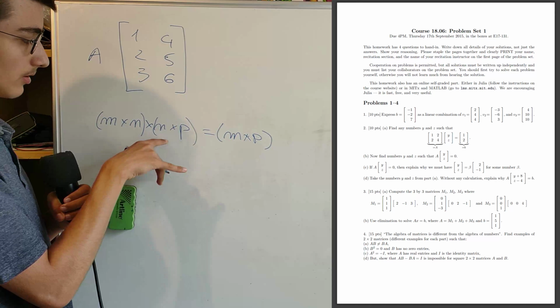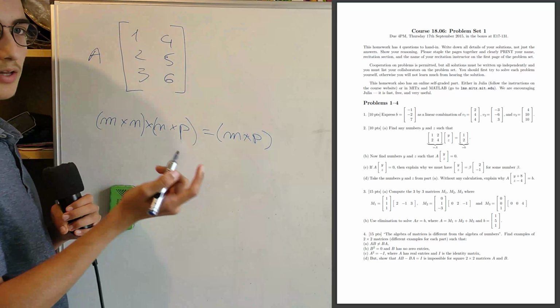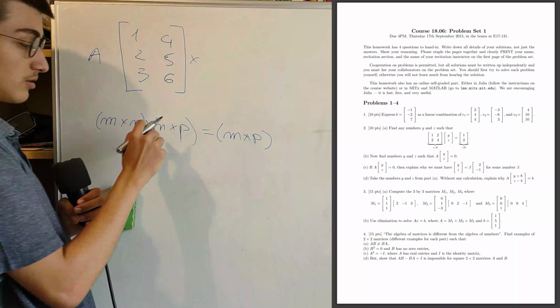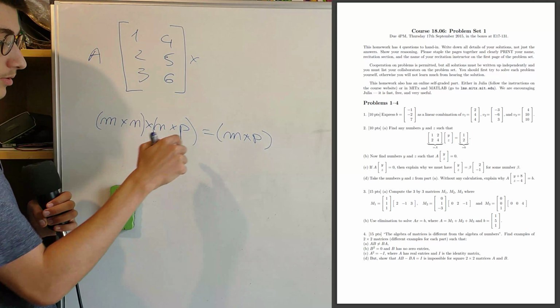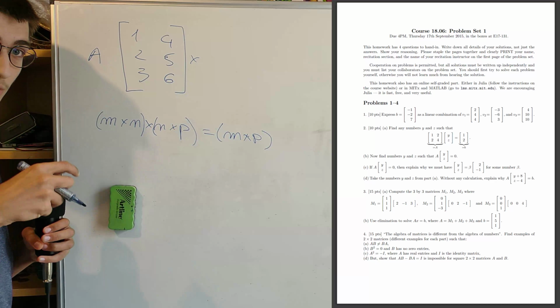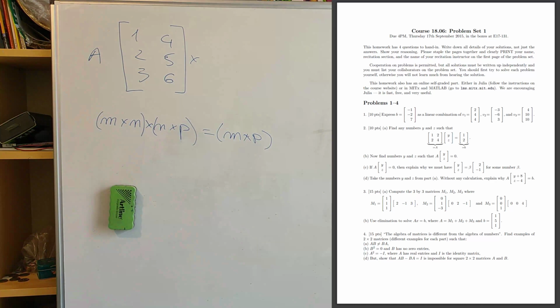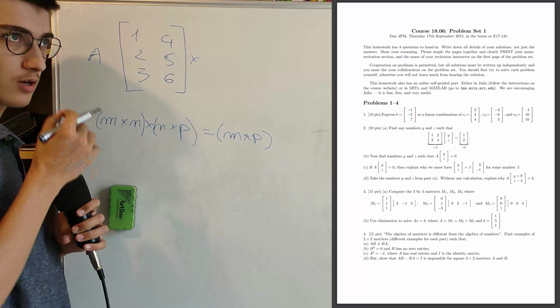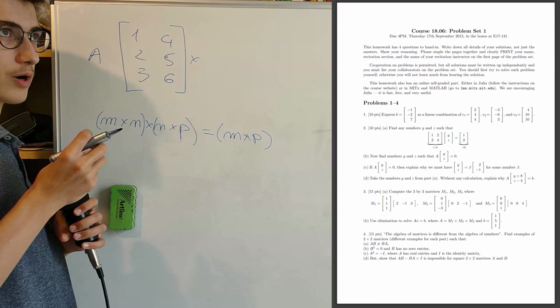Times x, we know Ax equals b, so x needs to be 2 times something, and as we can see in the exercise, we need a vector here. So b needs to be of shape 3 by 1, a column vector.